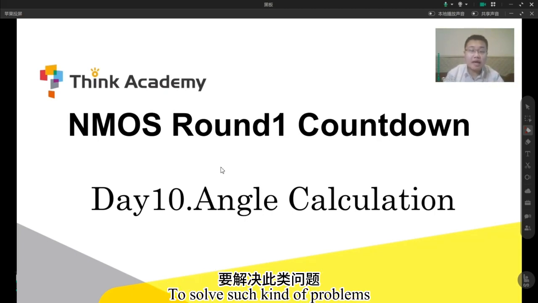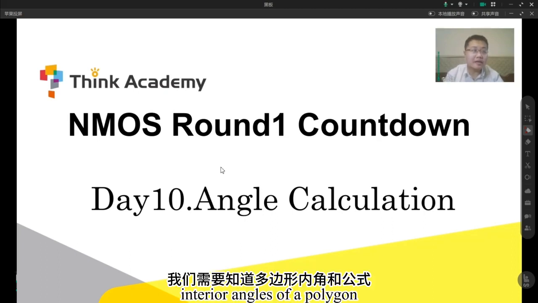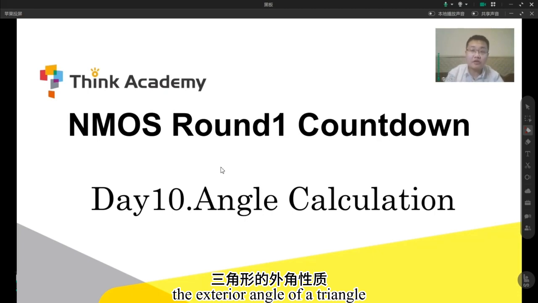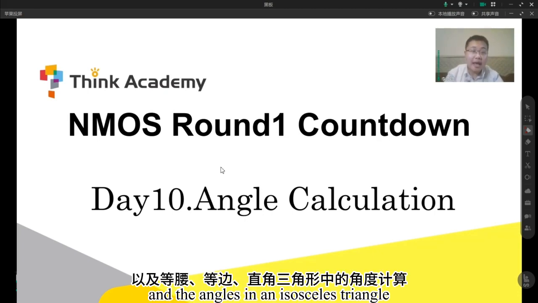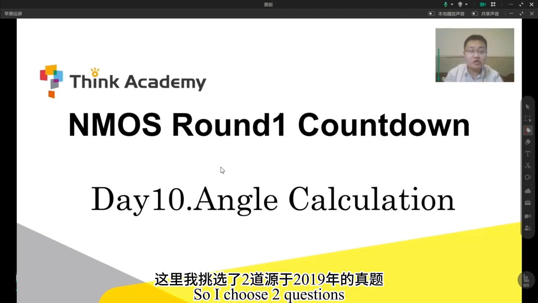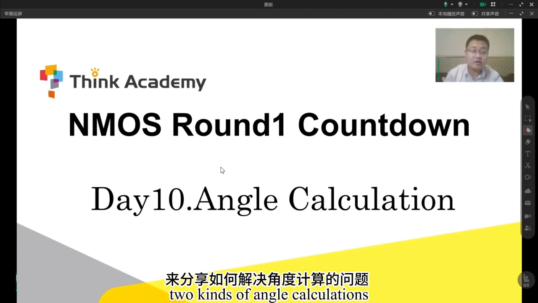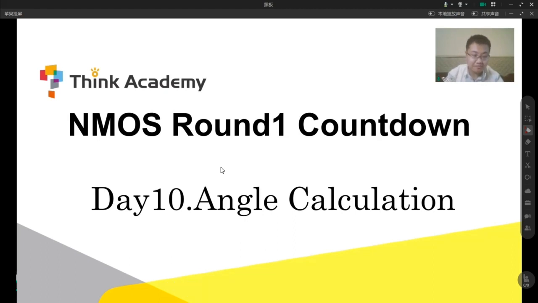To solve such kind of problems, we need to know the sum of interior angles of a polygon, the exterior angle of a triangle, and the angles in isosceles triangles, equilateral triangles, and right angle triangles. So I choose 2 questions both from the 2019 papers to help us find out how to solve 2 kinds of angle calculations.